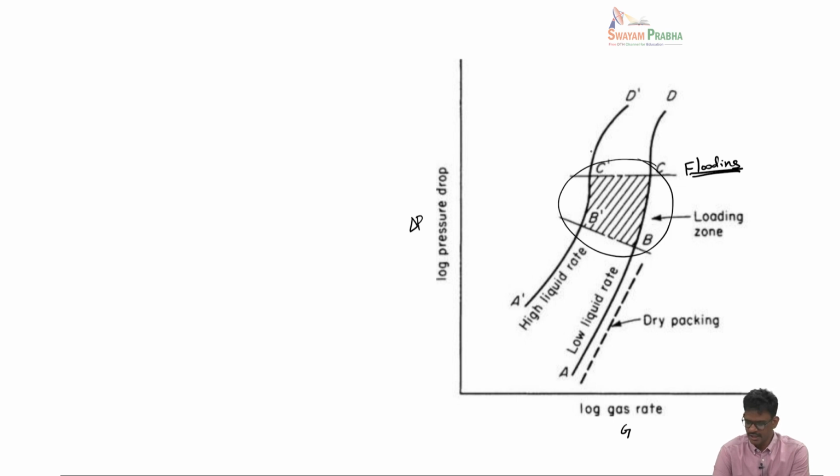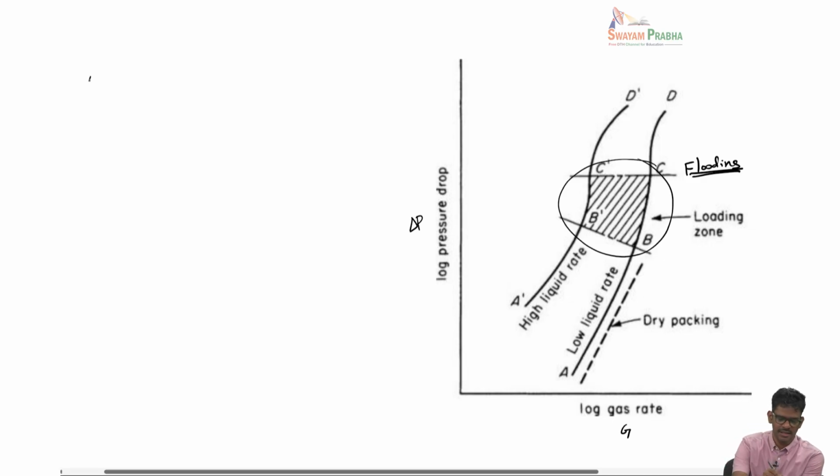Generally this kind of plots are very useful if you want to calculate delta P for a given gas flow rate, liquid flow rate and diameter of the column.